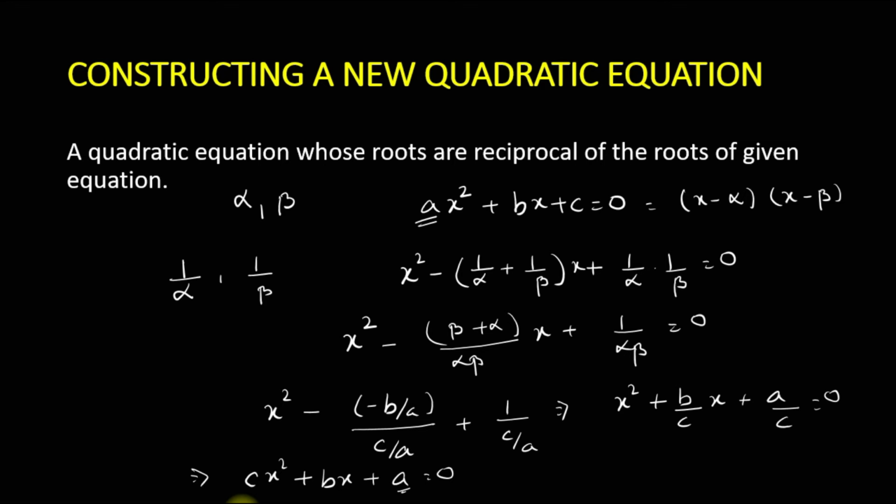So whenever the roots are reciprocal to each other, in this case we have to change the coefficient of x squared to the constant term and the constant term to the coefficient of x squared.